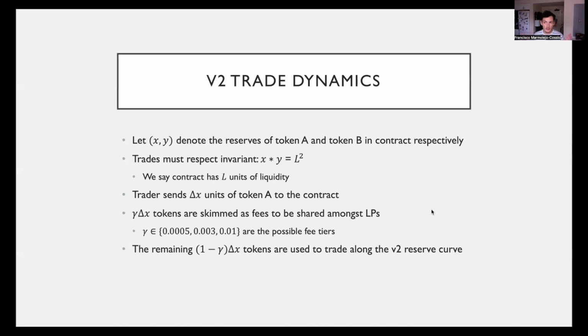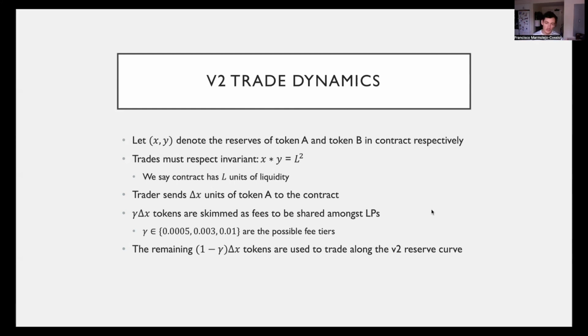And these are the famous fees that are to be shared amongst liquidity providers. How much is skimmed is modulated by a parameter, gamma, and these are the fee tiers of a Uniswap V2 and V3 contract. In this case, we see the three different fee tiers from lowest to highest right here in the slide. But first, these fees are skimmed, and they're shared proportionally amongst liquidity providers. And I'll talk about what I mean by proportionally in just a couple of slides.